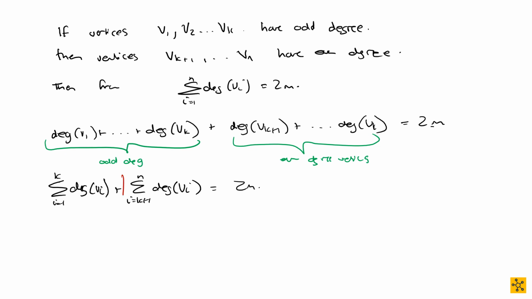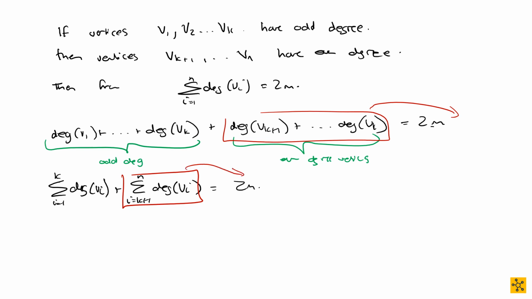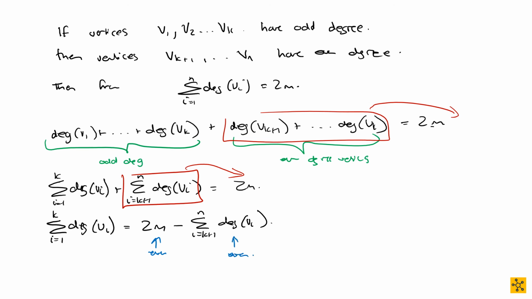Now we're going to take this summation of the even degrees and just take it across. Okay, so we're left with the summation of all the odd degree vertices is equal to 2m minus the summation of all the even degree vertices. But we know that this will be an even number, because the sum of even numbers will always be even, and the vertices v(k+1) to vn have even degrees, so all of those are even numbers just added together.